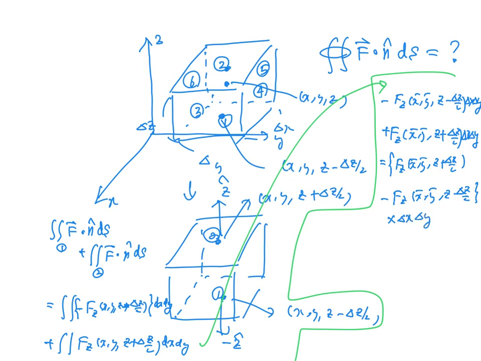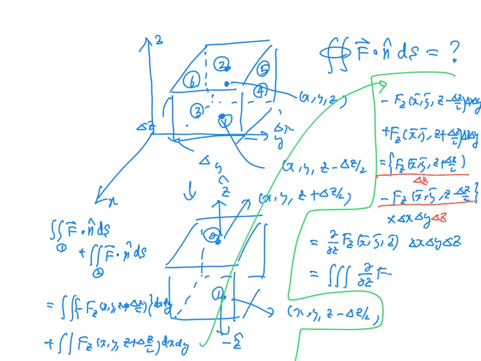And then actually you can divide the whole thing by delta z and then multiply by delta z, right? So this becomes partial Fz over partial z at (x bar, y bar, z bar) delta x delta y delta z. And then you can apply the mean value theorem again. Then it becomes partial Fz over partial z dx dy dz.